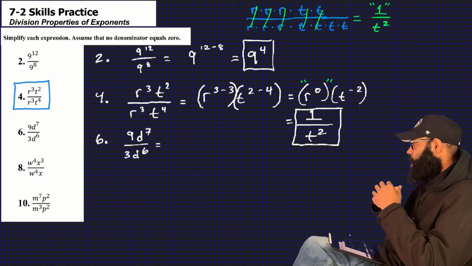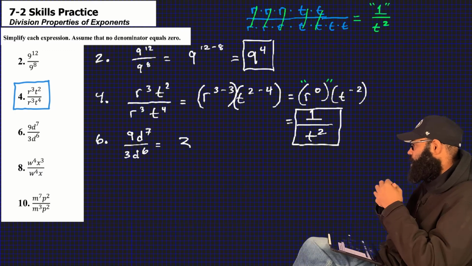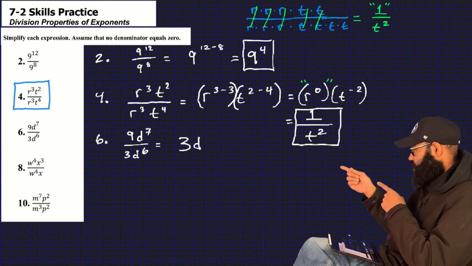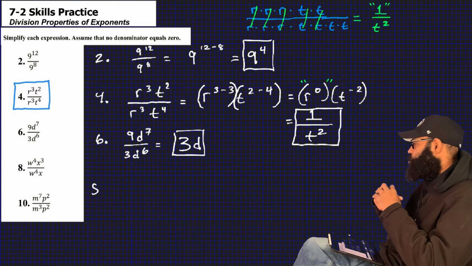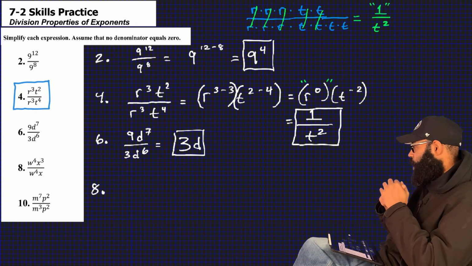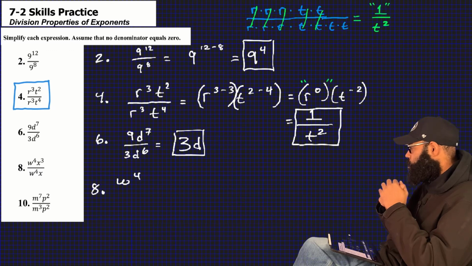So, knocking it out. Number 6, 9 divided by 3, 3. You see that? I did it quick because I knew it. D to the 7th divided by D to the 6th means there's going to be only 1 left in the top. So 3D. For number 8 now. Again, whether you choose to write out 4 W's or to write W to the 4th, X to the 3rd.